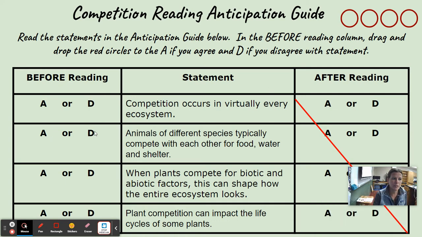Agree or disagree? When plants compete for biotic and abiotic factors, this can shape their entire ecosystem, how it looks. Agree or disagree? And lastly, plant competition can impact the life cycles of some plants.